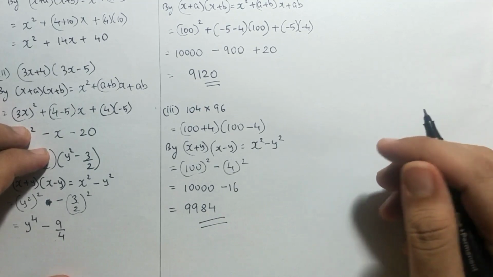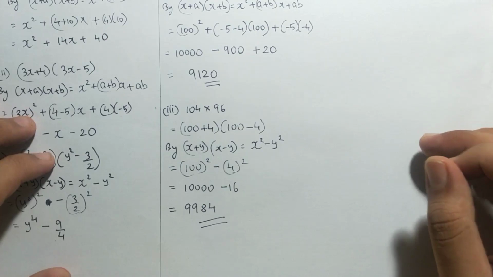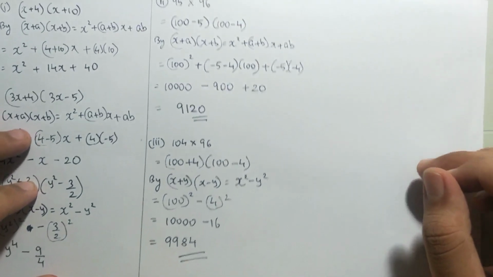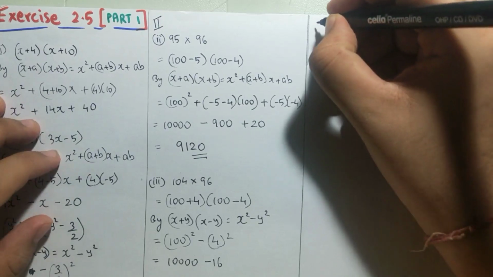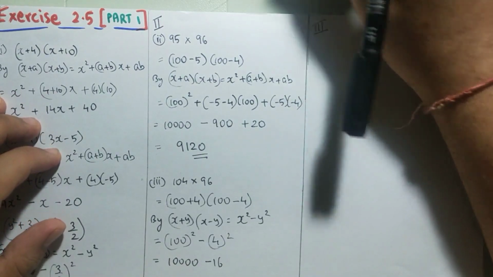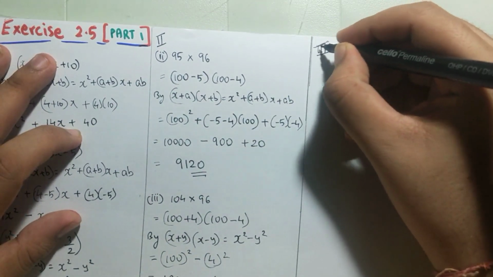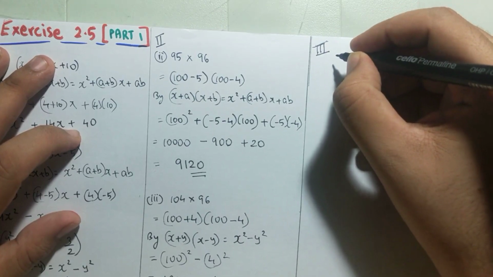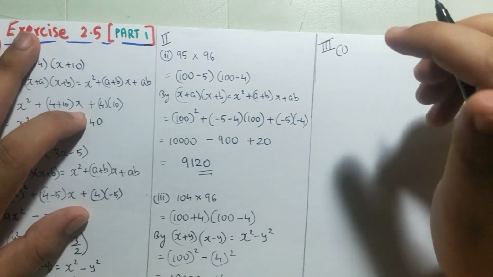Now focus on the third main question. These are important questions, so please focus on the next type of sums. In the third question, I'll be trying to solve all the sub questions, but if I see they are repeating the same type, then I'll skip. Otherwise, I'll be completing all the types. Pay attention very carefully.